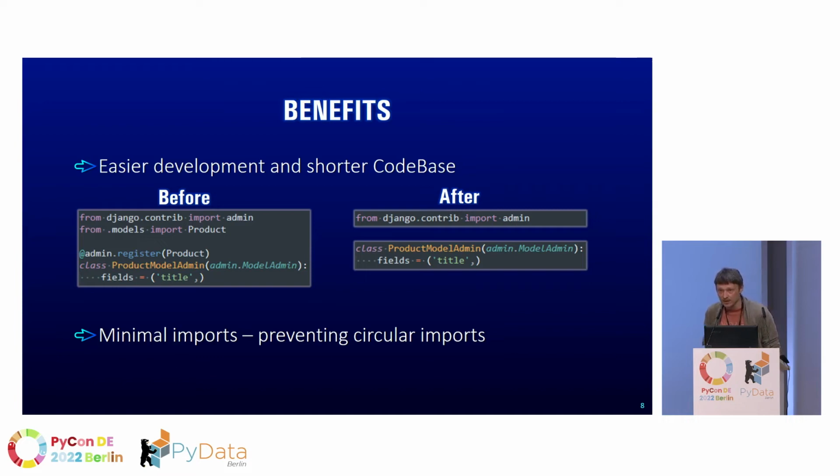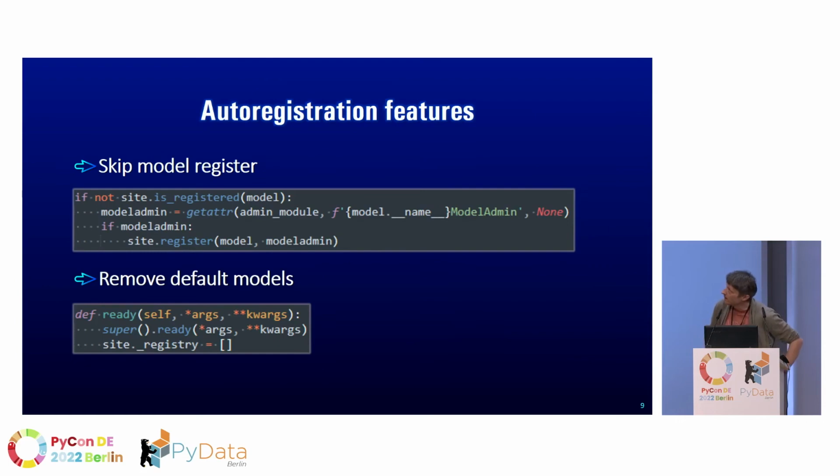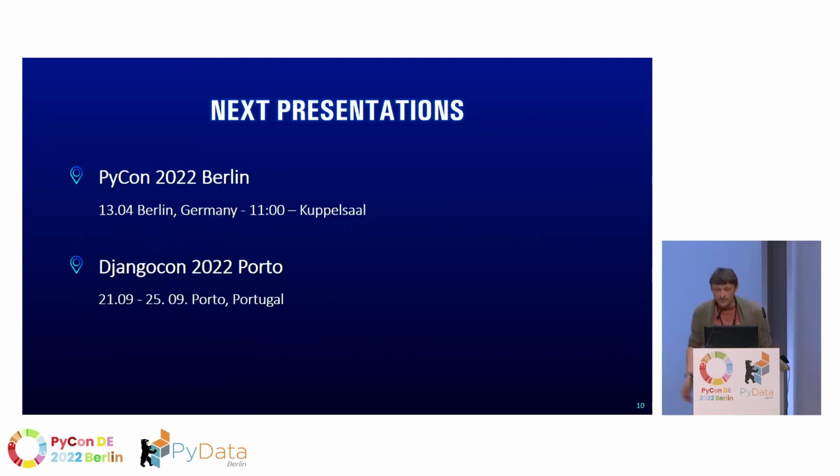It works automatically, perfect, and this is already automating the boring stuff. I don't know why Django doesn't have it in the box. We can skip model register. We can remove default models in my solution, and yeah, that's all.